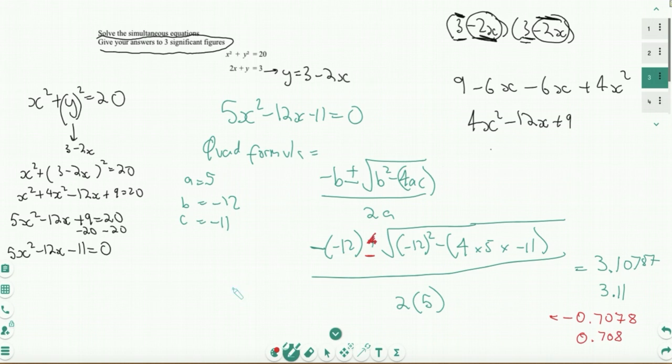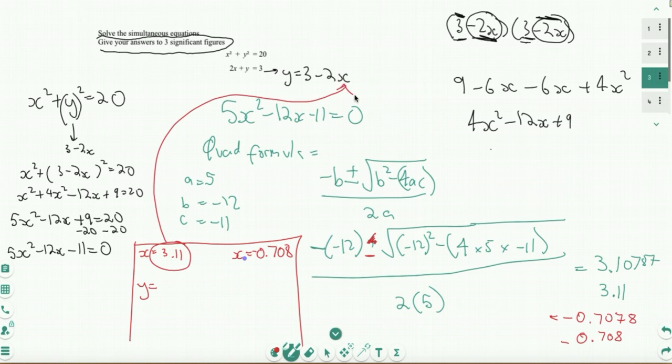So those are our 2 x values, guys. x is equal to 3.11. x is equal also to negative 0.708. And then to find our y value, we plug our x value back into this equation. So the y coordinate is equal to 3 minus 2 times x.